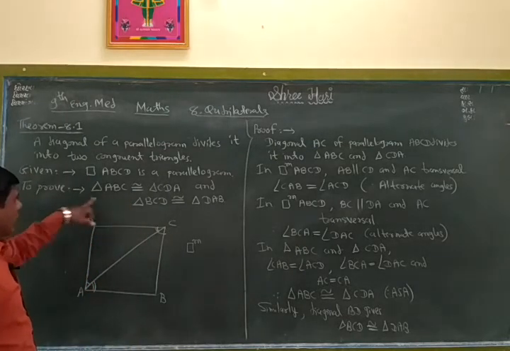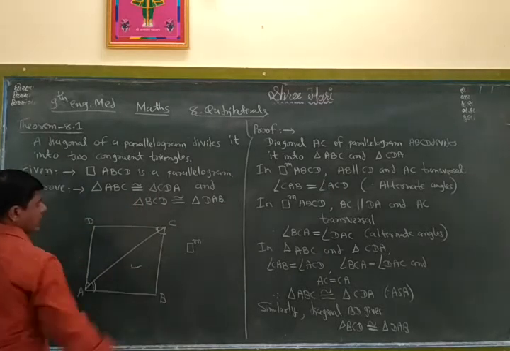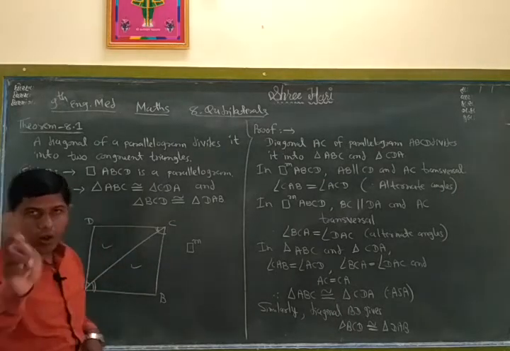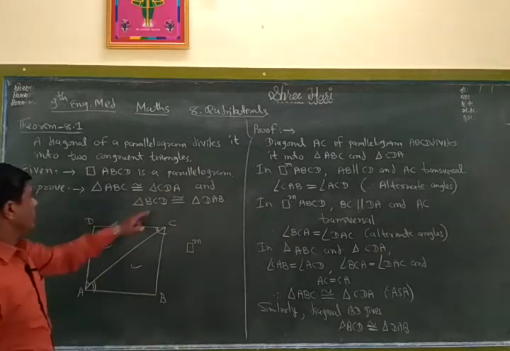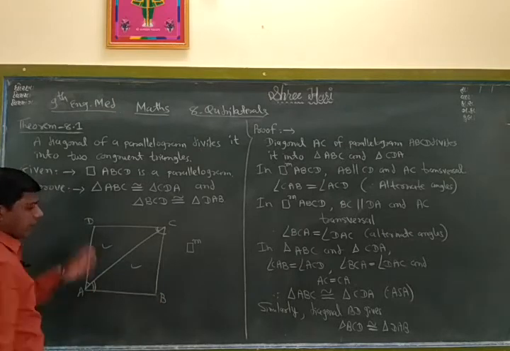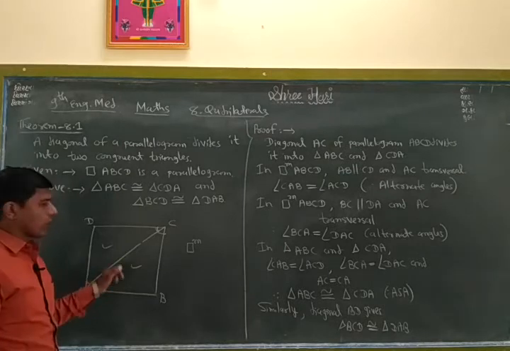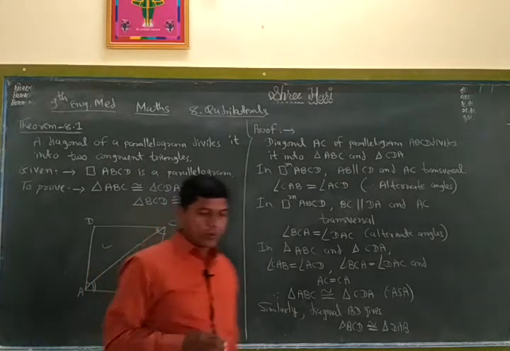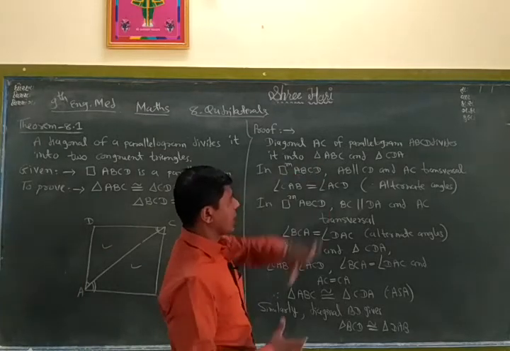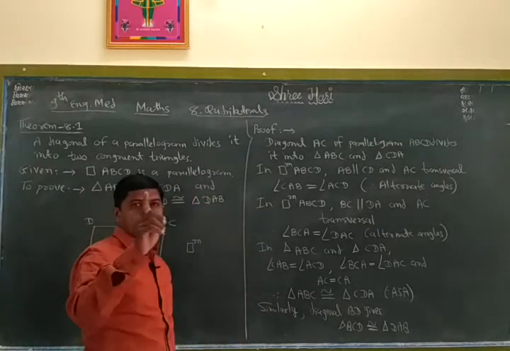To prove: triangle ABC is congruent to triangle CDA, and also triangle BCD, it means diagonal BD, and triangle DAB, these two are congruent. Now we show the proof. The diagonal AC of the parallelogram ABCD divides it into triangle ABC and triangle CDA.